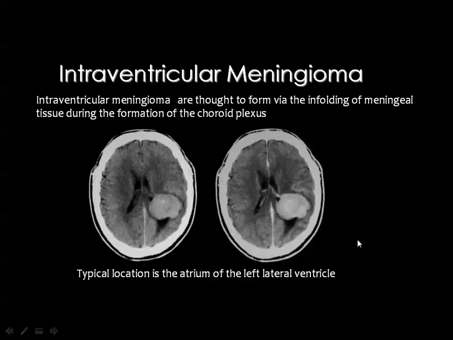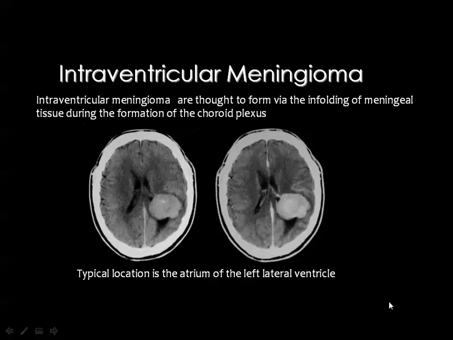And you know the trigone of the ventricle is the junction between the body and the occipital horn. Meningioma can also occur inside the fourth ventricle and inside the third ventricle, but the most common site for the meningioma is the atrium or the trigone of the ventricle, especially the left one.